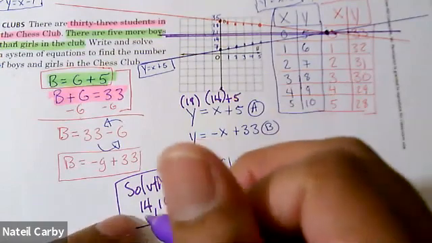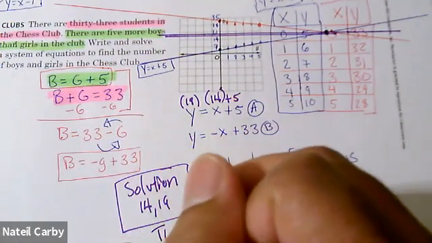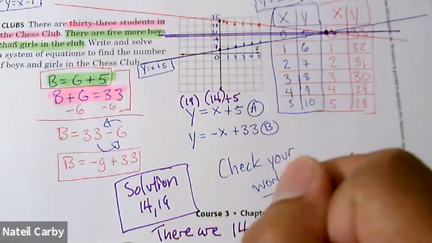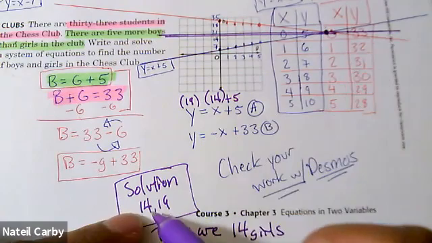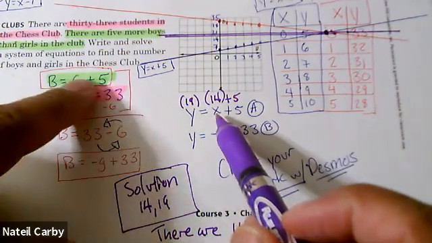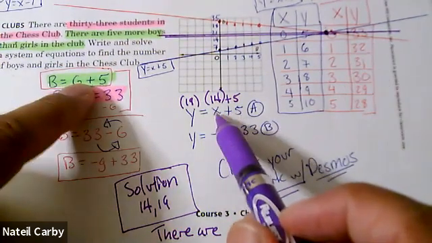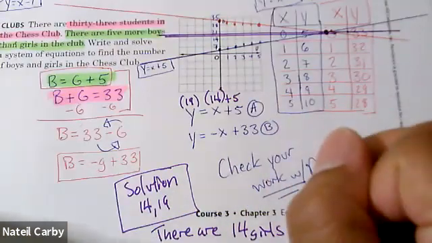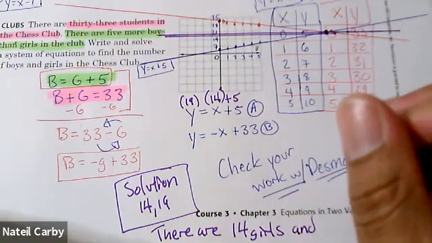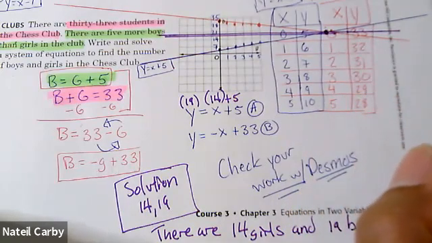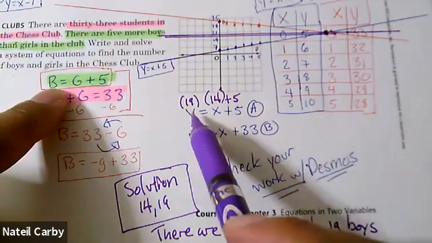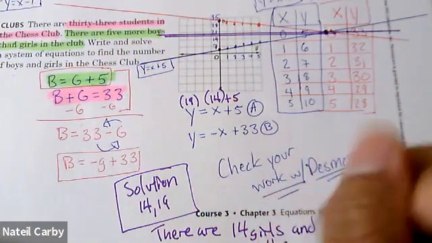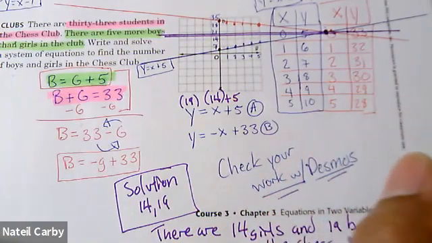So this really means that there are 14 girls because my x is G. My x is G. 14 girls. And 19 boys because B is equal to y in the chess club.